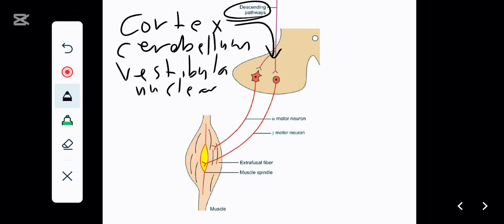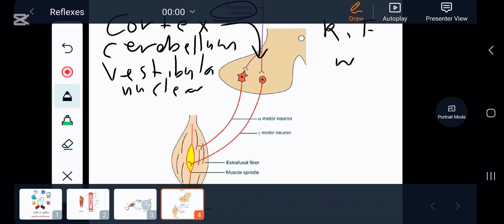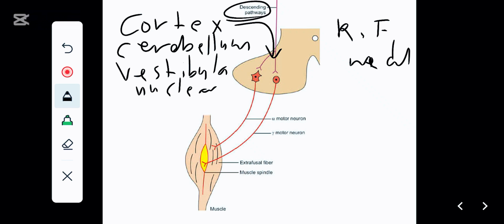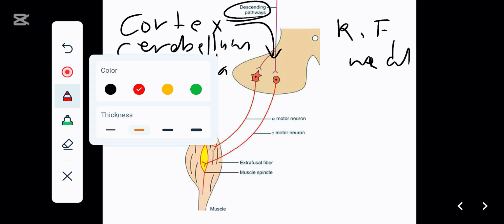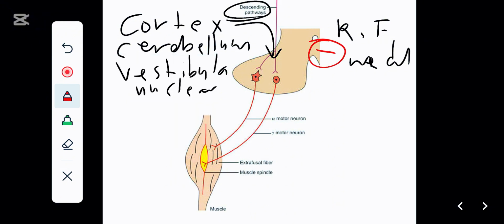The one that's inhibitory is the reticular formation, the one found in the medulla. So that's your medullary reticular formation. This one contributes inhibitory neurons, while all these others contribute excitatory neurons. So the reticular formation in the medulla inhibits your alpha gamma co-activation.